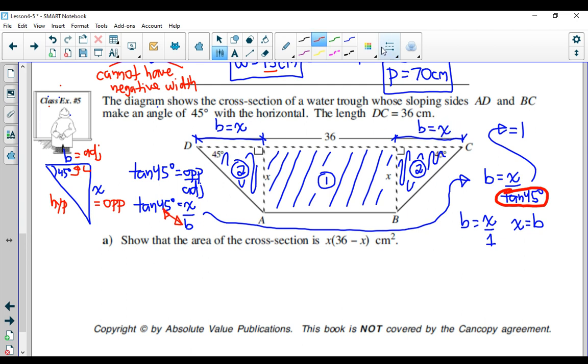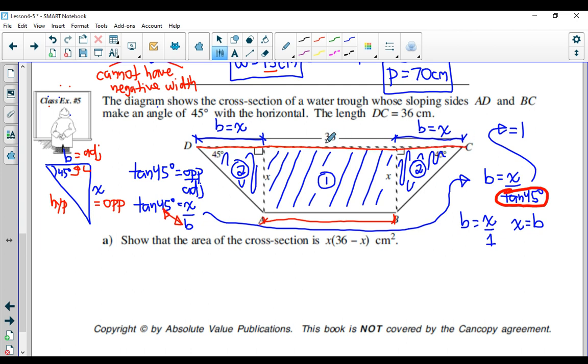Now I need one more side length here. I need to know the distance from A to B. The way I would do this is, the full horizontal length from D all the way to C is 36 centimeters.